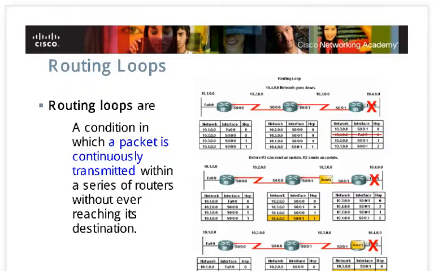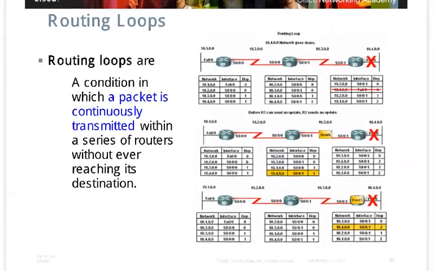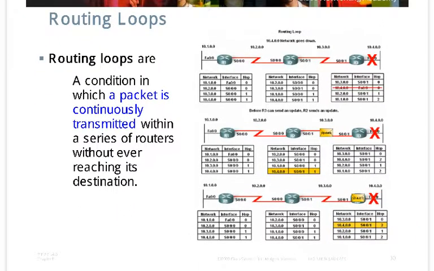Routing loops. You just have to concentrate very much here, because routing loops is a very important phenomenon that happens because of inconsistent information in the routing tables of the routers. So this example here talks about the fact that these routers have reached a state of convergence, right?